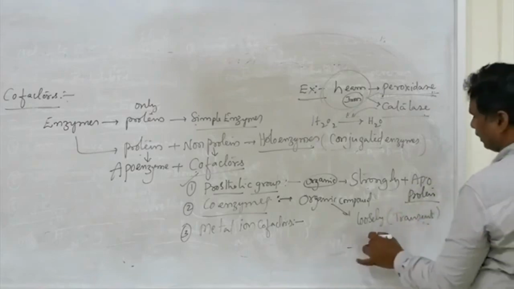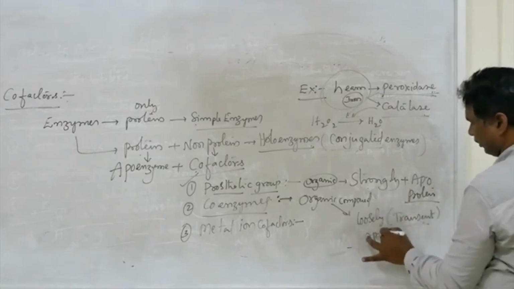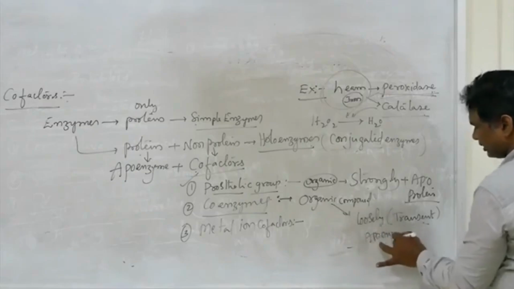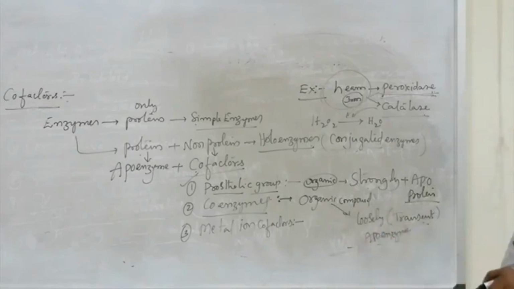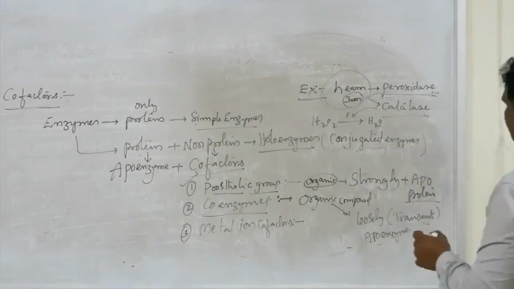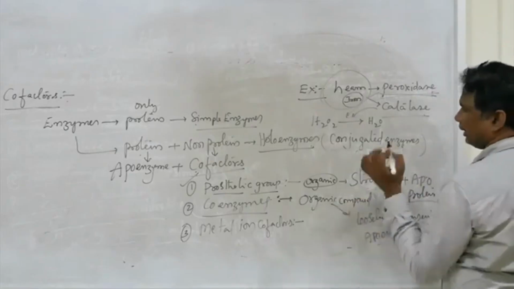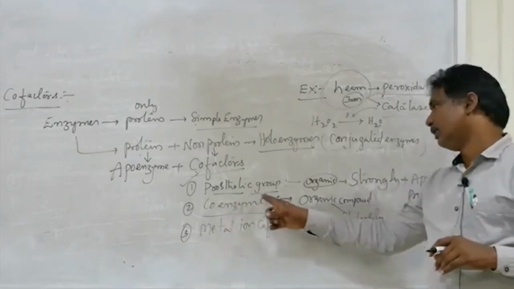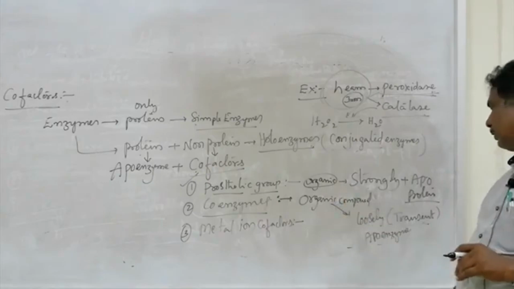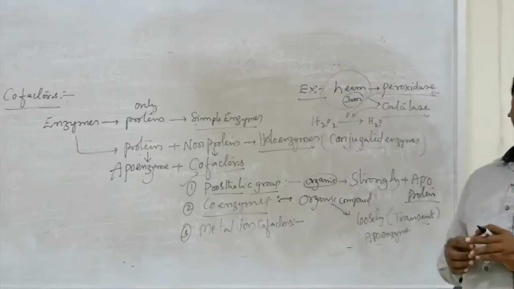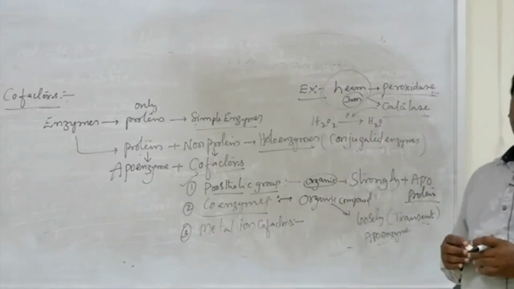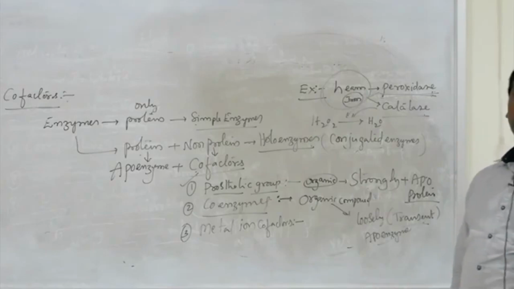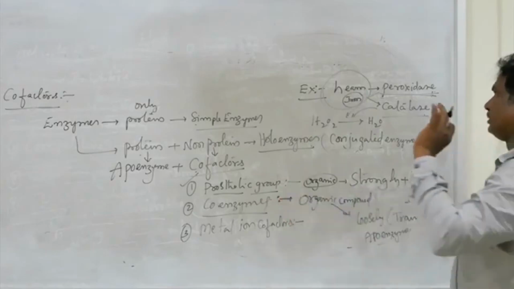So loosely bonded with enzyme protein, that means apoenzyme. Those coenzymes are the organic compounds which are loosely or transiently bonded with apoenzyme or enzymatic protein. Those are called coenzymes.